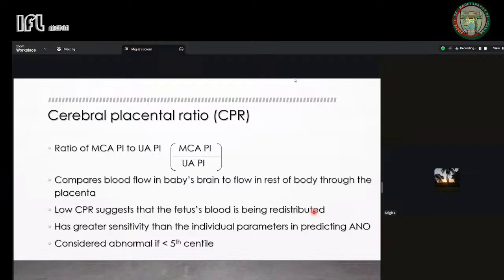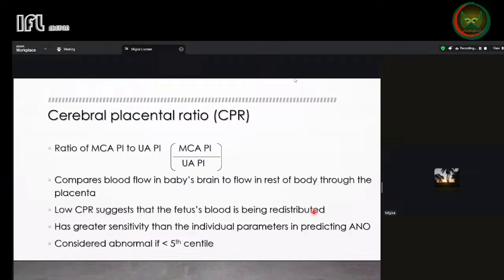You will find the blood flow in the umbilical may decrease or it may remain the same because of the redistribution. But the mere fact that the PI in the brain reduces, and your CPR reduces, is going to indicate a sign of fetal stress.